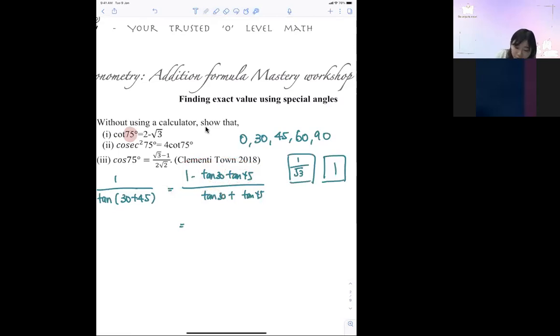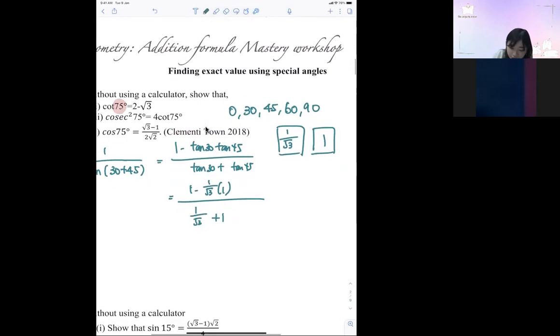All right, so you have 1 minus 1 over square root 3 times 1, over 1 over square root 3 plus 1, correct? So we have 1 minus 1 over square root 3. When we have fraction in a fraction, we change the longest line to divide. Always do that. Then you make the denominator the same.